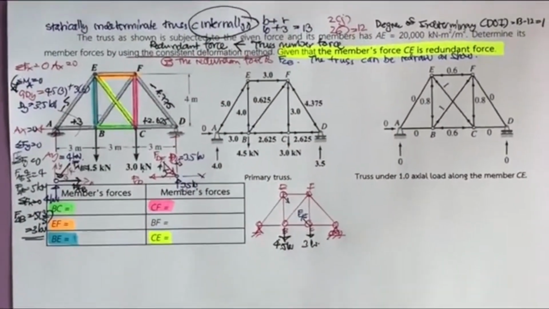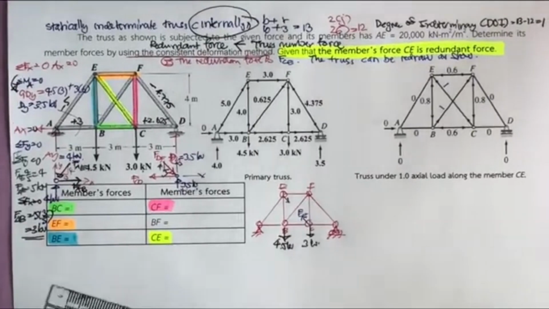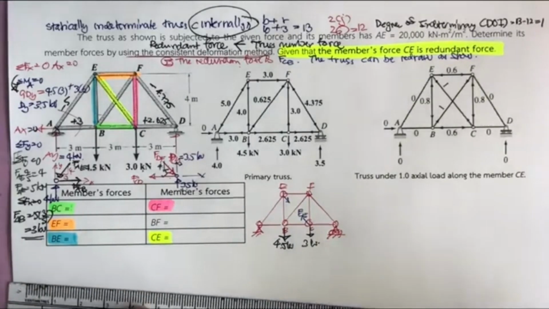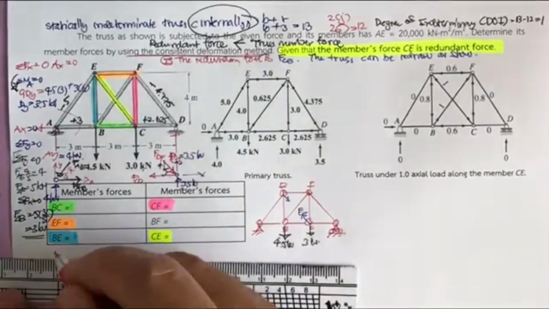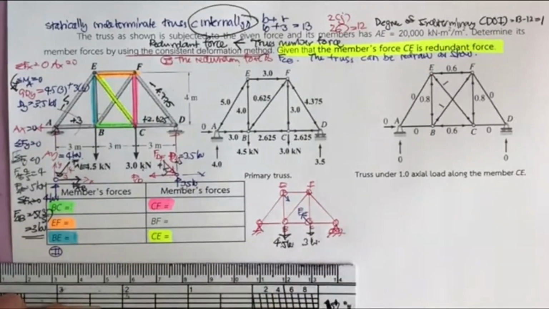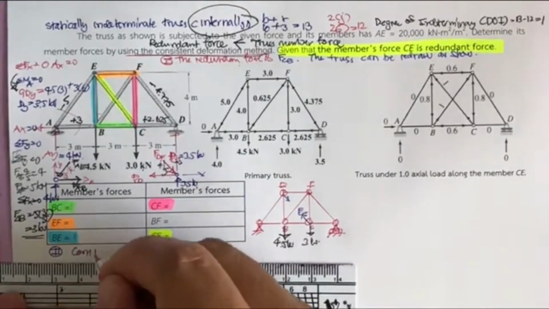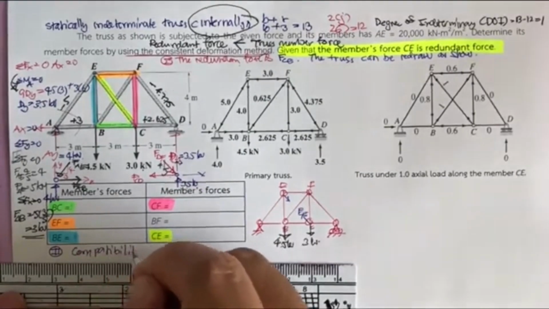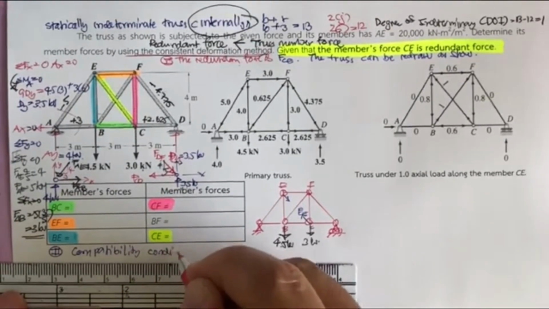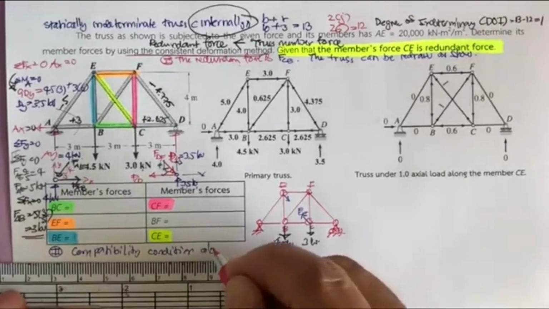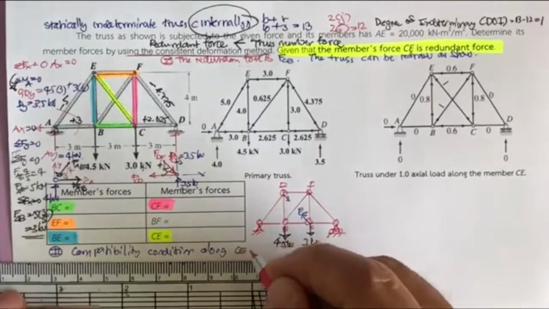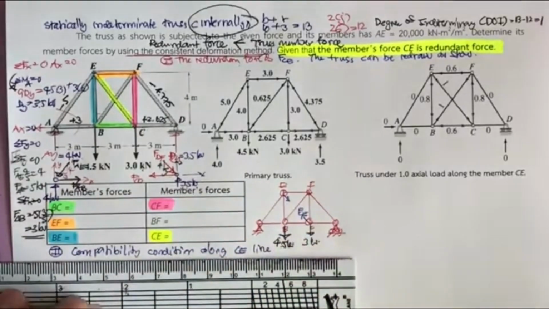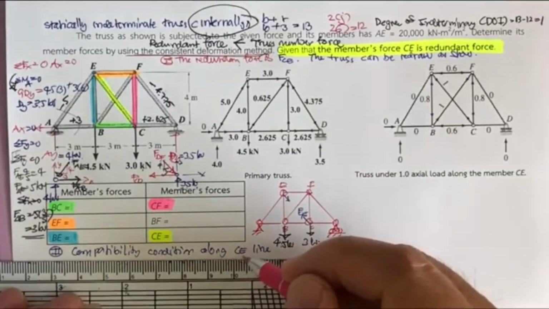And then what you may have is to set the compatibility condition. So next one, we will set the compatibility condition along the CE line. Got to set this along the CE line.